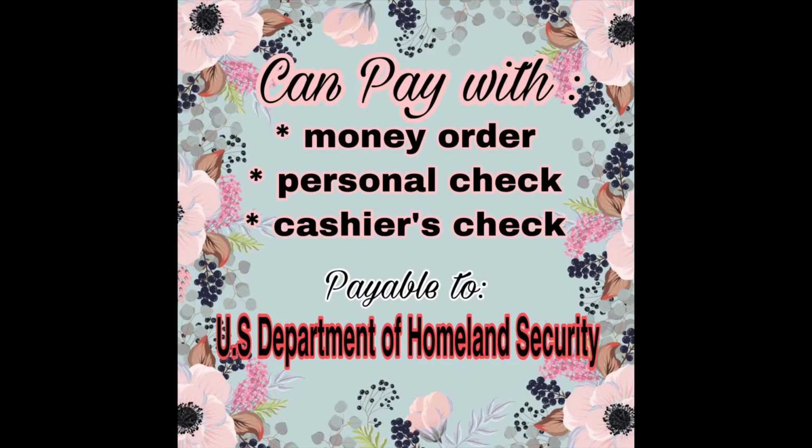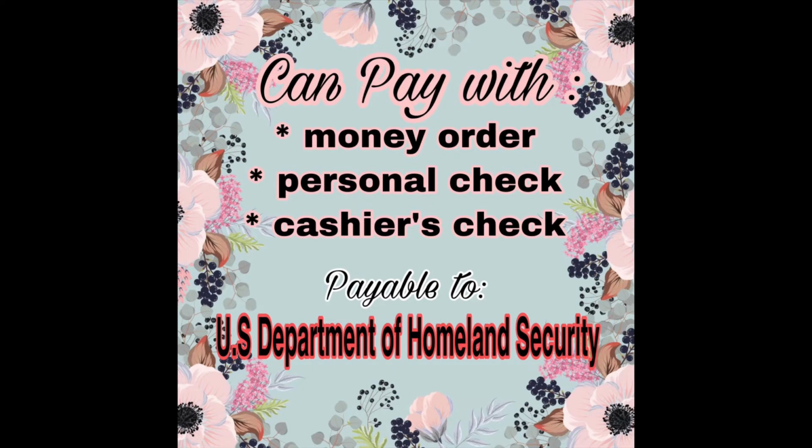So about the filing fee, you can pay using a money order. You can go to MoneyGram or Walmart and get that. Or you can also use your personal check or a cashier's check. Those three are your options on how to pay.